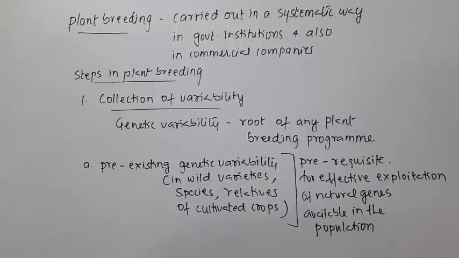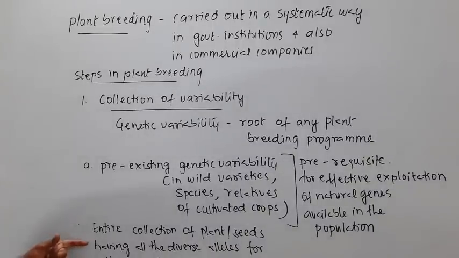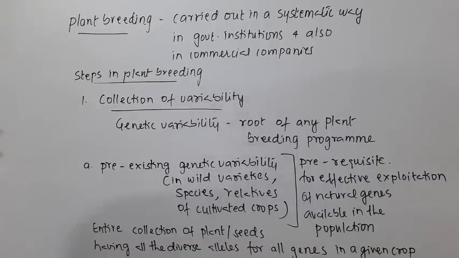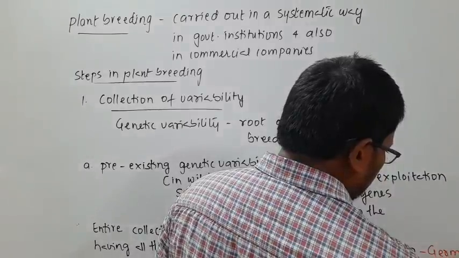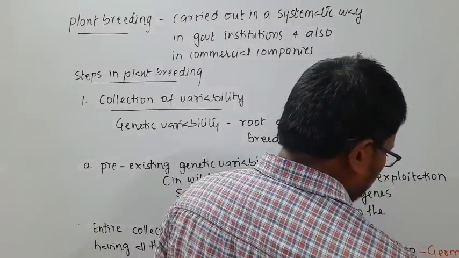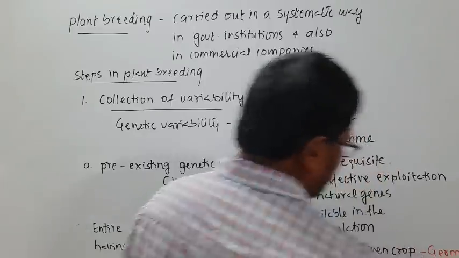So the entire collection of plants or seeds having different alleles, which means different genes, for all genes in a given crop, is what we call a germplasm collection.